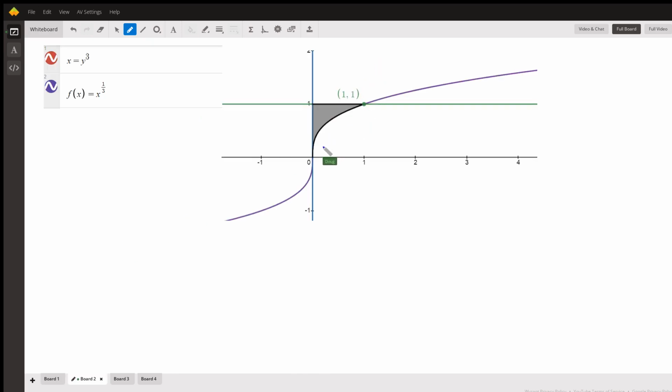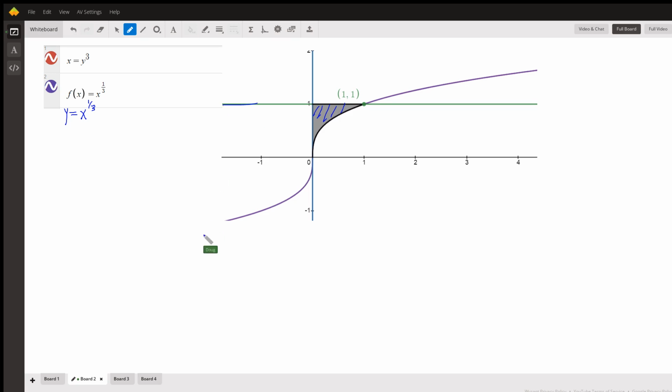Here's a picture of the graph of x equals y cubed, which can also be written as y equals x to the 1/3. You have to be able to solve for y in terms of x to use both methods. This is the region that we want to revolve about the line y equals 1, that green line.